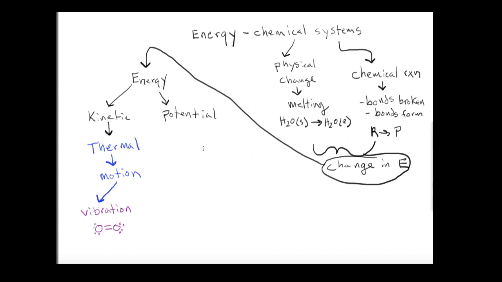And when we're talking about vibrational energy, the bond can lengthen and it can shorten. And you can imagine other things that the molecule could be doing too. The oxygens could be twisting relative to one another and so on. Those would all be vibrational types of motion.